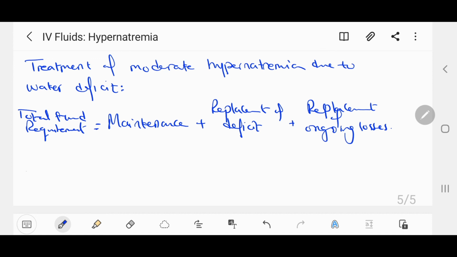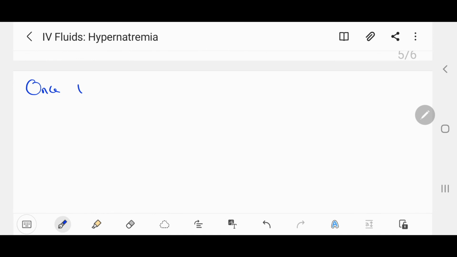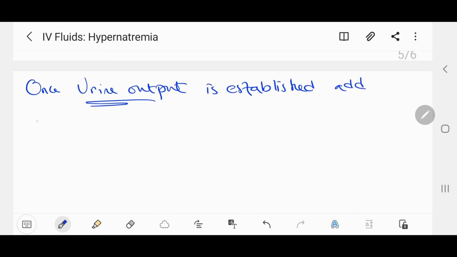The detailed calculations will be linked in a video below. So we replace water deficit over 48 hours, and once urine output is established, we can add potassium to the IV fluid prescription.